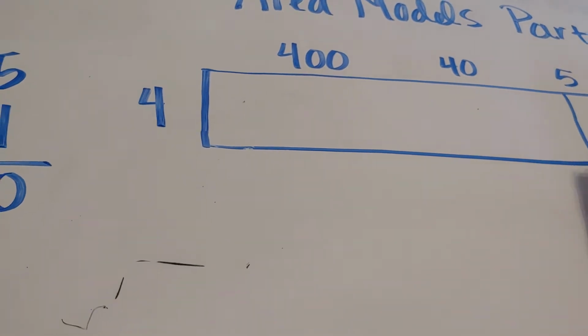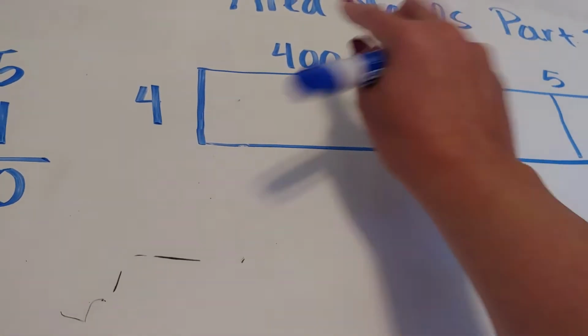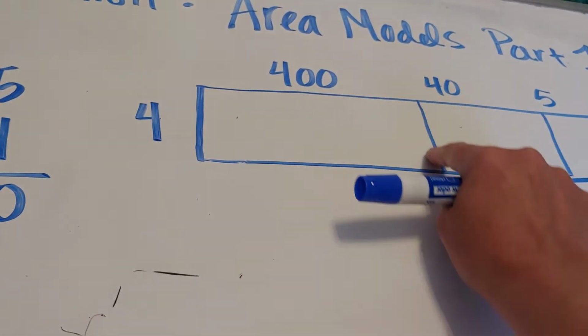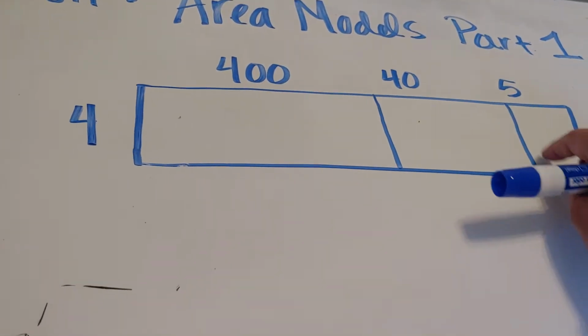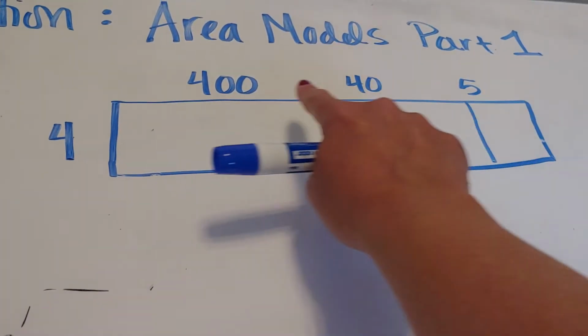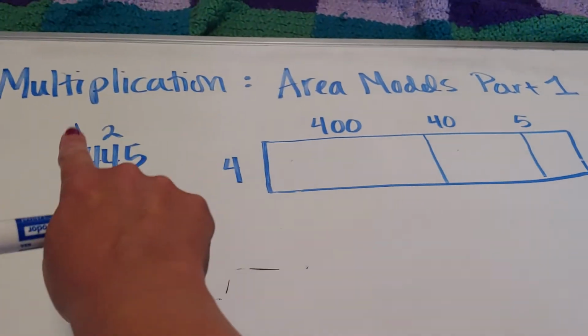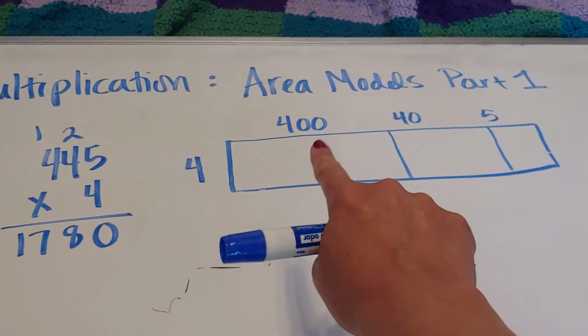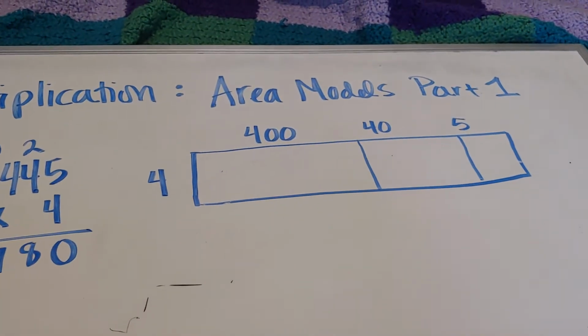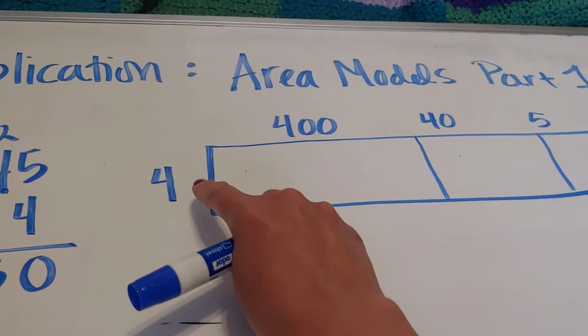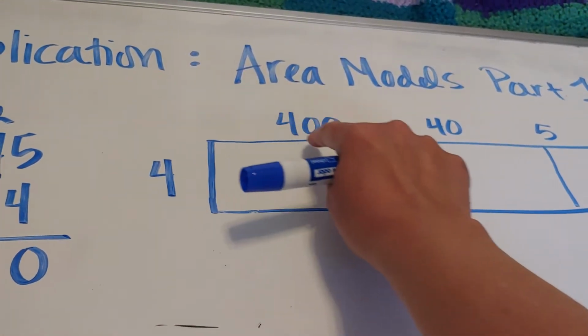We're going to draw this proportional, meaning that 400 is biggest, so it's going to be the biggest chunk. 40's next, and 5 is smallest. As you can see, I used expanded form. So 445 became 400 plus 40 plus 5.